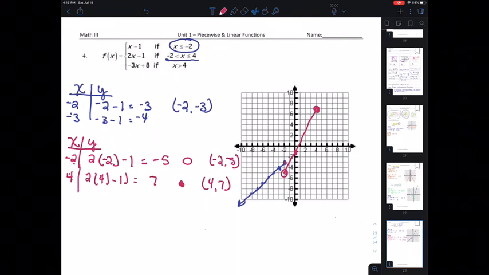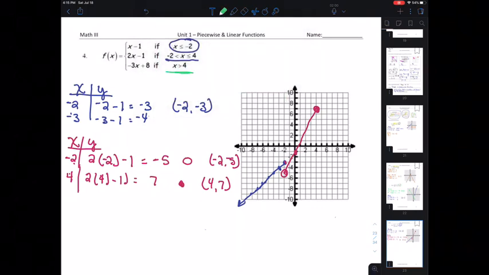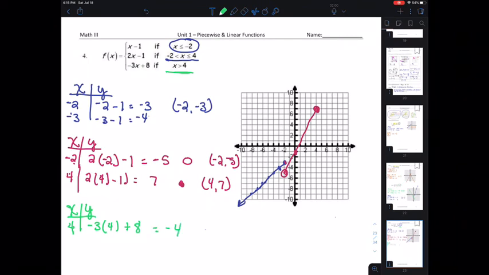Okay, and then for the last part, let's get another color. Green. We have x greater than 4, so once again we're going to start at 4. So when x is 4, we get negative 3 times 4 plus 8, which is negative 12 plus 8, which is negative 4.